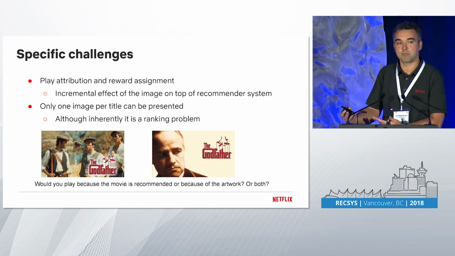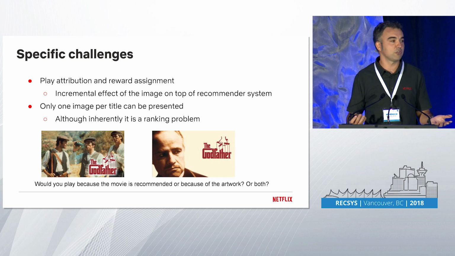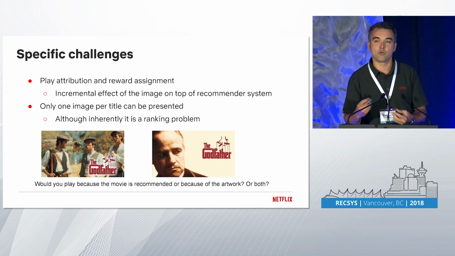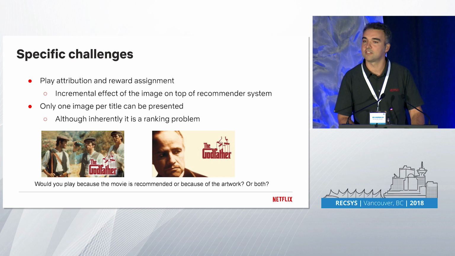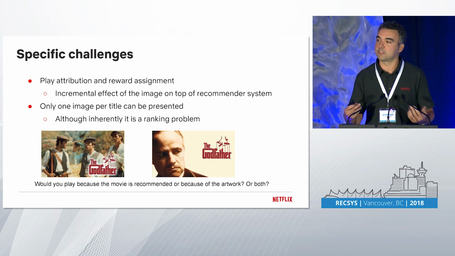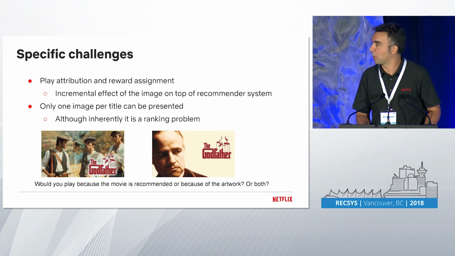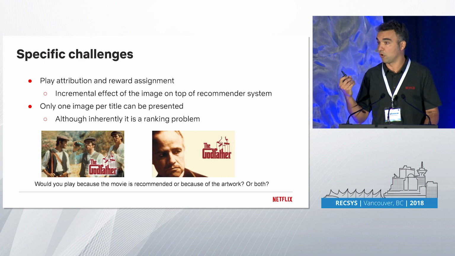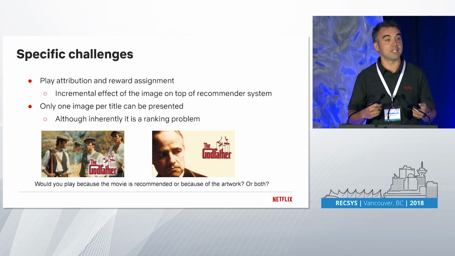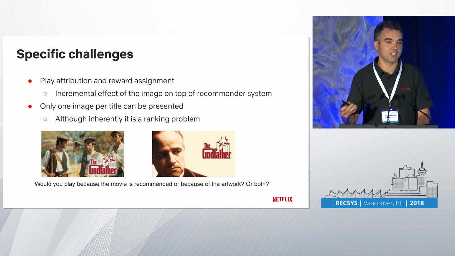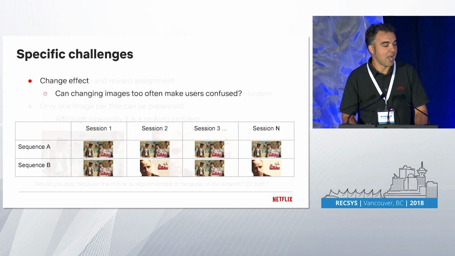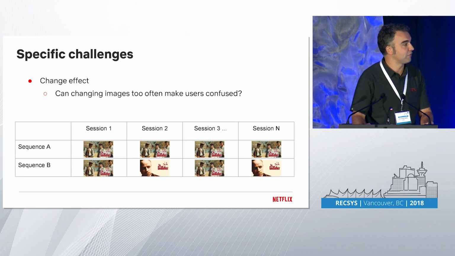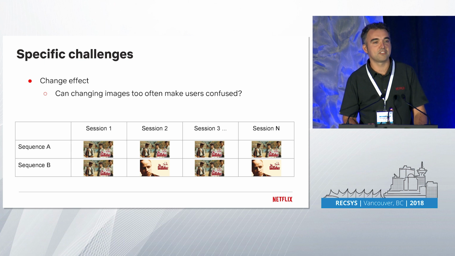Did the image actually help in some sense? Or the user was going to play it anyway? So you will want to disentangle this difference. And of course, as in any other bandit problem, you only get to show one image. So you don't know what would have happened if you had shown the other image. That's the fundamental problem.